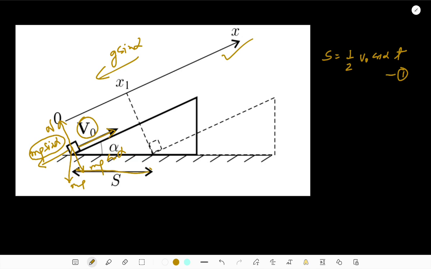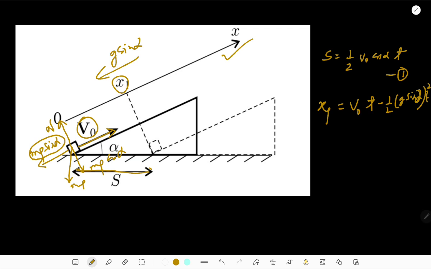So I could write this displacement x1, and x1 will be equal to, in the same direction, the velocity I know, v naught t minus half g sin alpha, the acceleration there, multiplied by t square.